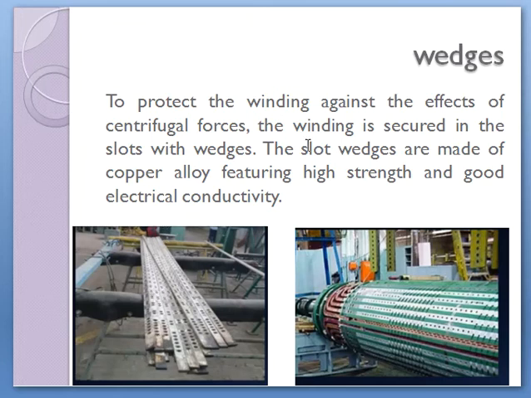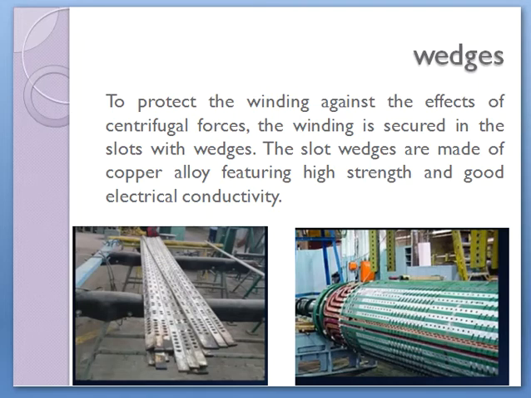To protect the winding against the effect of centrifugal forces, the winding is secured in the slots with wedges. These wedges are inserted in these slots after the windings are inserted.